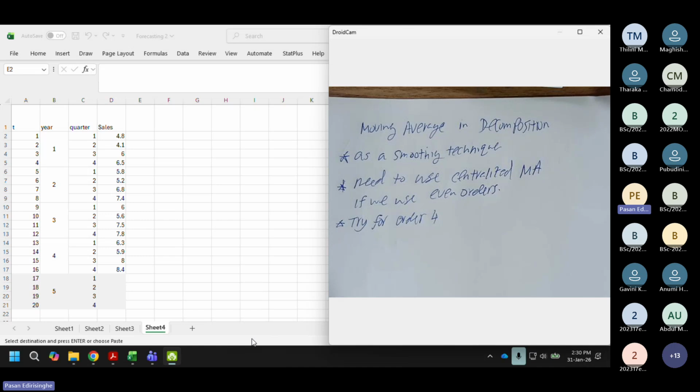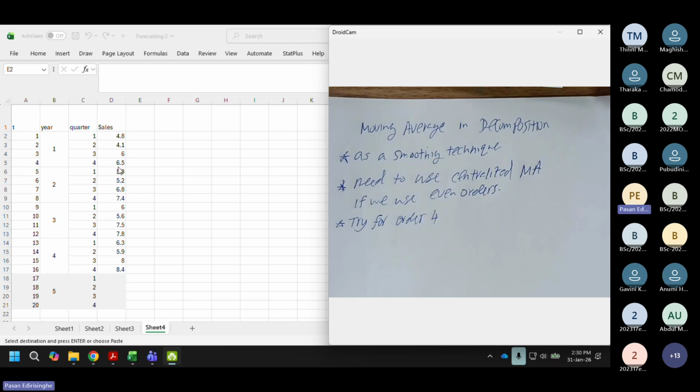That means we can take the first four observations. Previously we used the first four and predicted the fifth one. But now since we are taking the average of the four of them, they are predicting something in the middle.